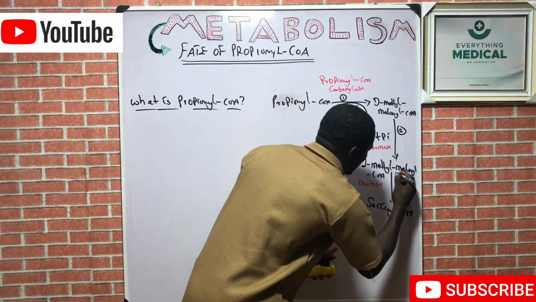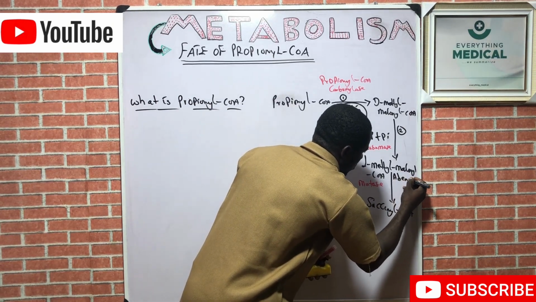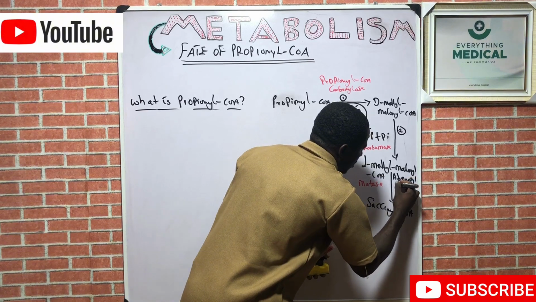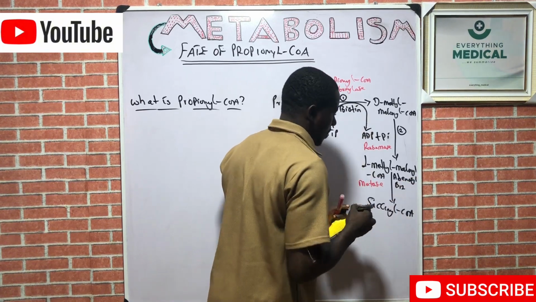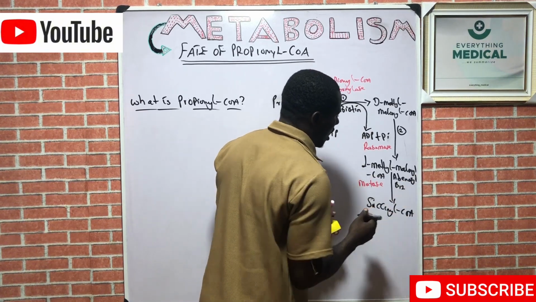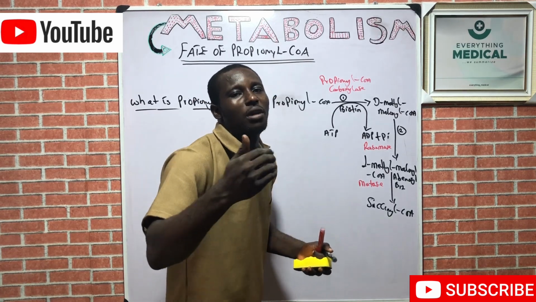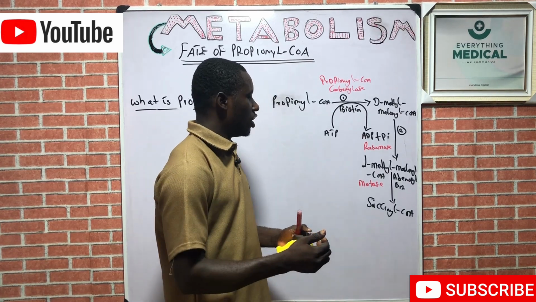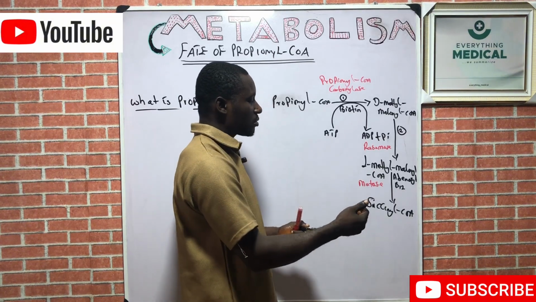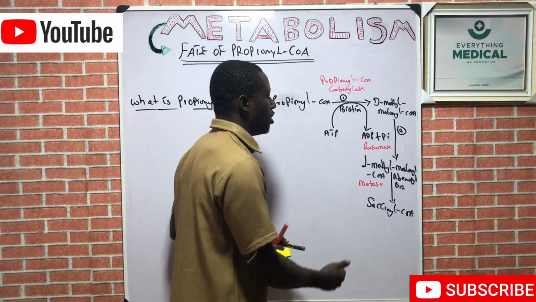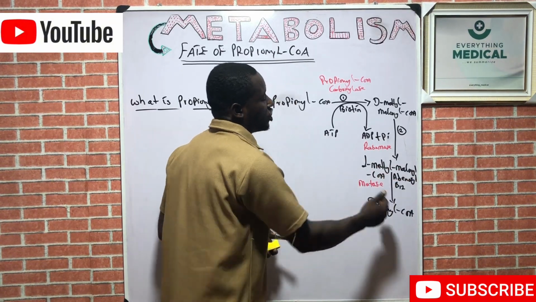It requires what? Adenosyl B12. Adenosyl B12 is the coenzyme form of vitamin B12, which is cyanocobalamin or cobalamin. So this mutase enzyme catalyzes the conversion of L-methylmalonyl-CoA to succinyl-CoA.